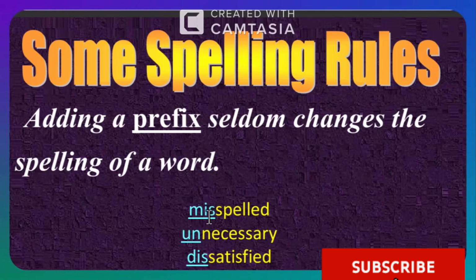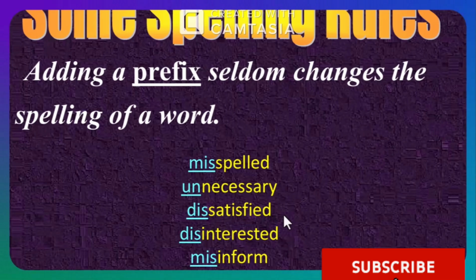We have misspelled, unnecessary, dissatisfied, disinterested, misinformed, okay? You're not changing the shape, the size, and actually the spelling of these words. We have spelled, misspelled, necessary, unnecessary.